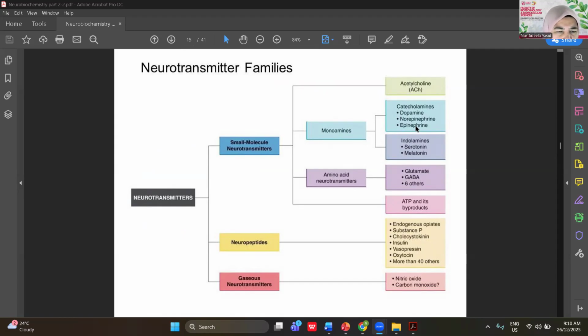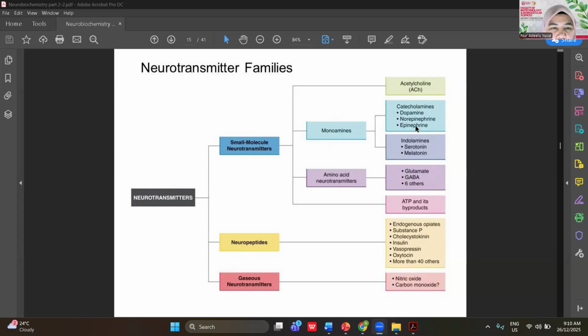It can be divided into four components: acetylcholine, monoamines, amino acid neurotransmitters, and also ATP and its byproducts. So what is acetylcholine? Acetylcholine is very important for muscle activation and autonomic nervous system function.